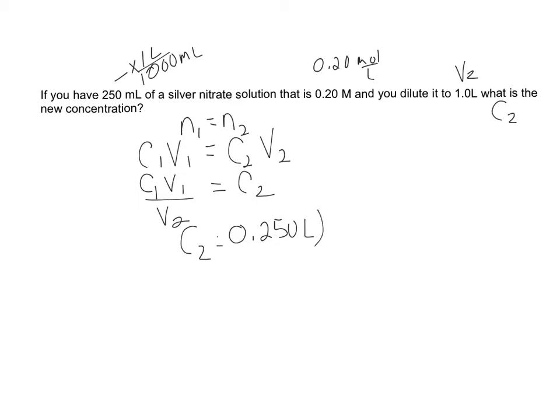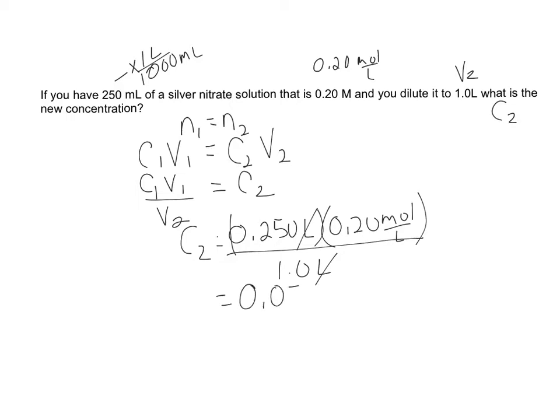So 0.250 liters times 0.2 moles per liter divided by 1.0 liters is equal to 0.050 moles per liter.